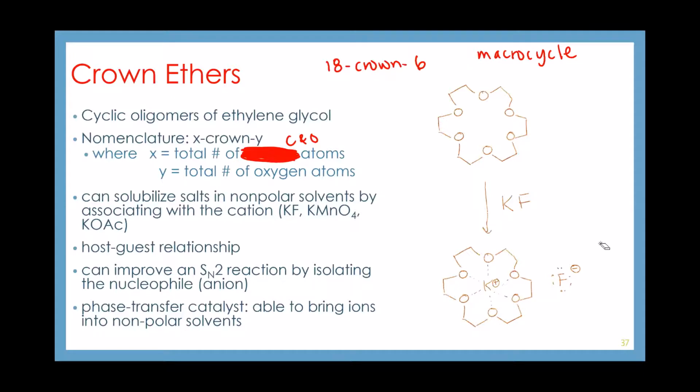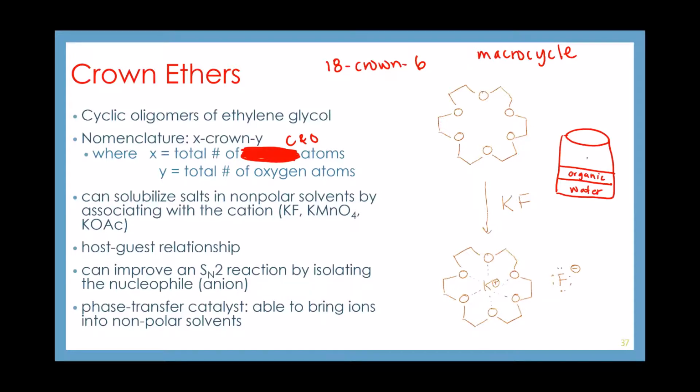And crown ethers specifically can act as what's called a phase transfer catalyst, which means they can bring ions into nonpolar solvents. So if you were doing a reaction in a beaker, and say you had 2 layers in your beaker, your top layer would be organic. Most organic solvents are less dense than water. Well, not most, but some are.